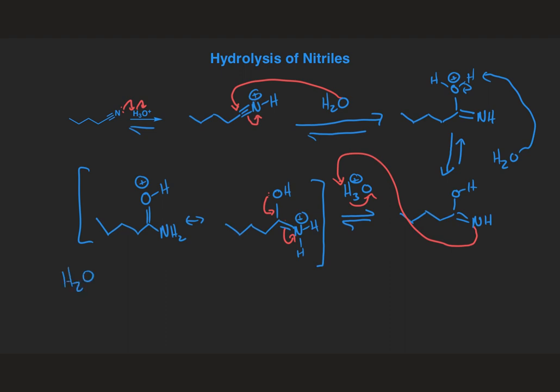And then again, water is likely the best base. It's going to come in and remove that proton, which is going to give an amide. And this compound is an amide, and we've already seen that amides can be hydrolyzed under acidic conditions to form a carboxylic acid.